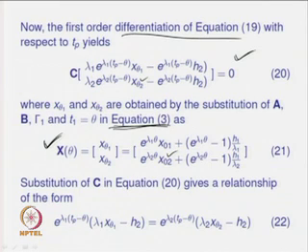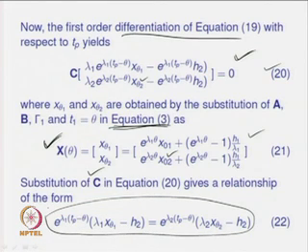So, when x theta is found in this form, substitution of it in equation 20 gives us a simpler expression of the form e to the power lambda 1 (Tp minus theta) times (lambda 1 x theta 1 minus h 2) is equal to e to the power lambda 2 (Tp minus theta) times (lambda 2 x theta 2 minus h 2).